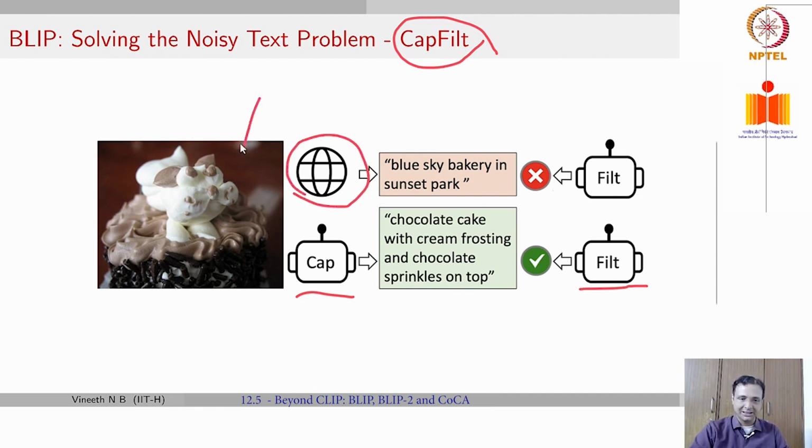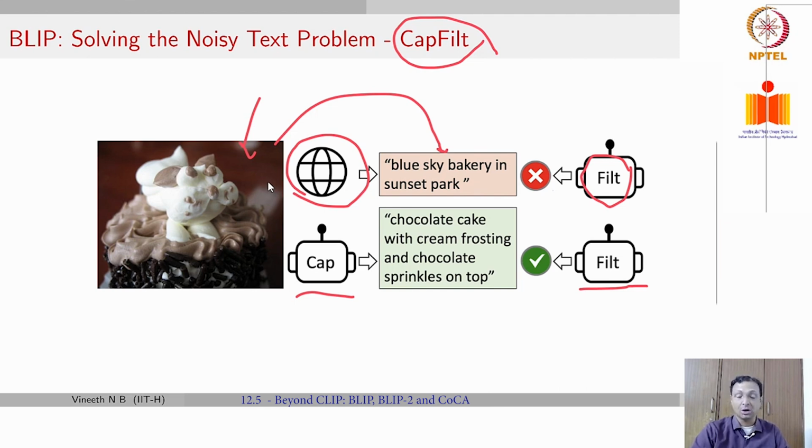For example, an image like this could have a text when you scrape it from the web as Blue Sky Bakery in Sunset Park. Right? Often bakeries put out their menu images alongside on their website. Now they have a filter to say whether this is the appropriate caption for such an image or not. This filter is exclusively learned separately on a human annotated dataset.